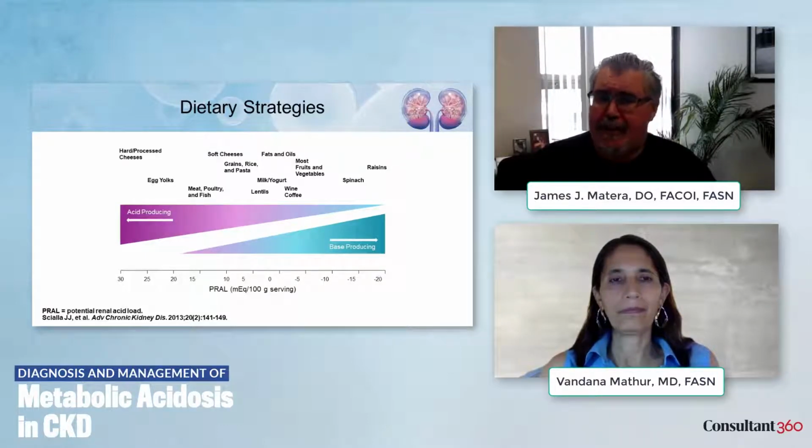We also know to the left side there, we see all of our proteins, meat, fish, things like that, which we want the patients to avoid. So striking that balance between what the patient with chronic kidney disease can handle to produce more base on a food scale is very complicated sometimes. Most of these patients, they may have diabetes, they may have high blood pressure, all these factors that impact their diet in some way.